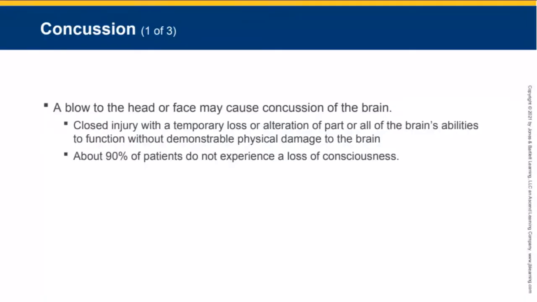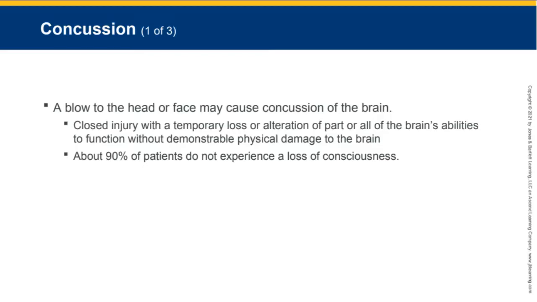Now let's look at a concussion. A concussion is a blow to the head or face. It may cause concussion of the brain, a closed injury with a temporary loss or alteration of part or all of the brain's abilities to function without demonstrable physical damage to the brain.